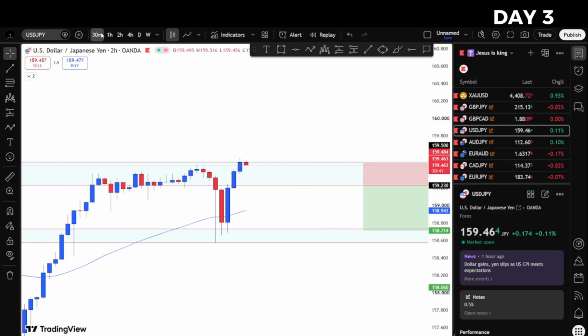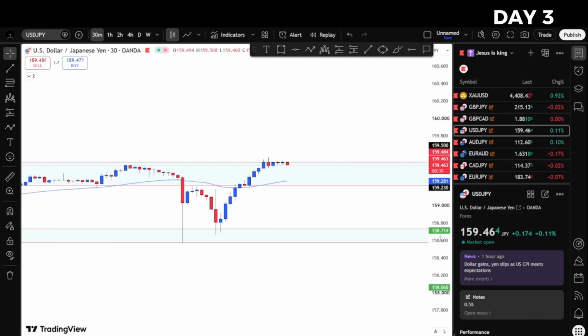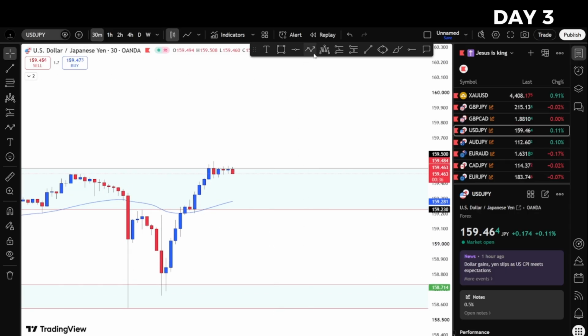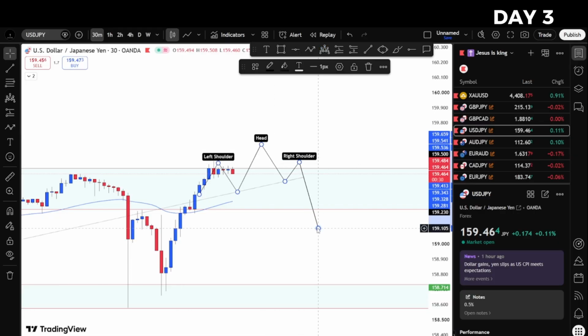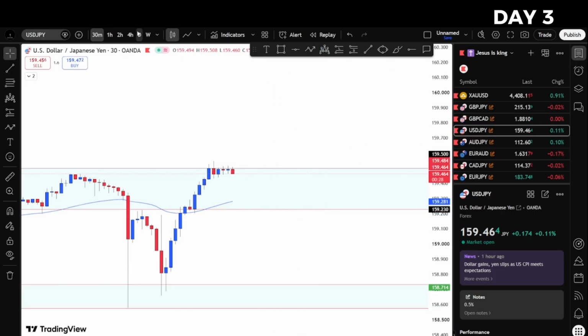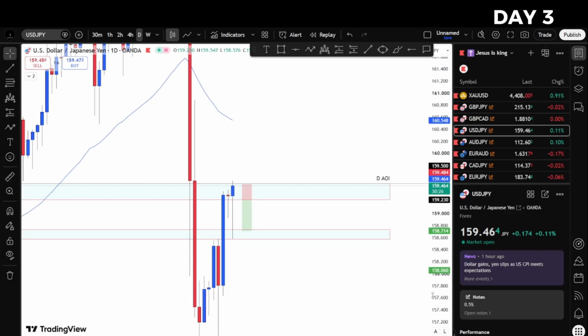So on the 30-minute time frame, price can create a head and shoulders very closely without even having to get close to my take profit. I don't know if you guys got confused with that, but I hope you didn't.